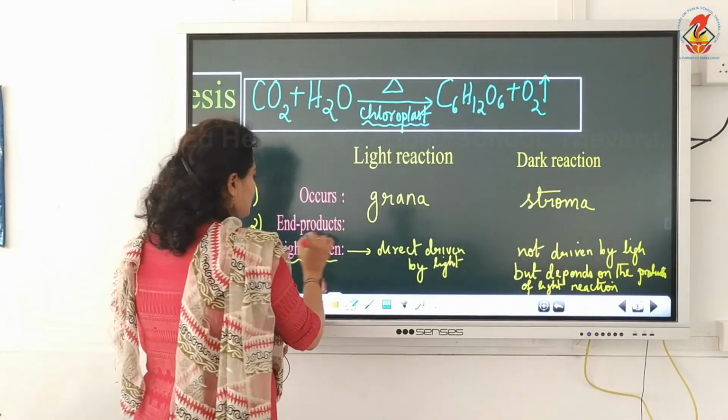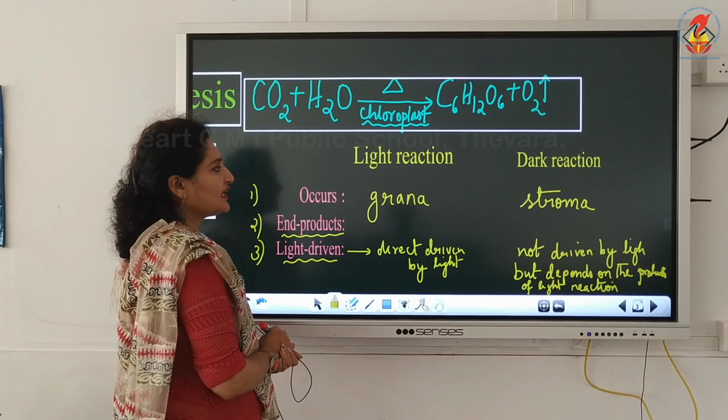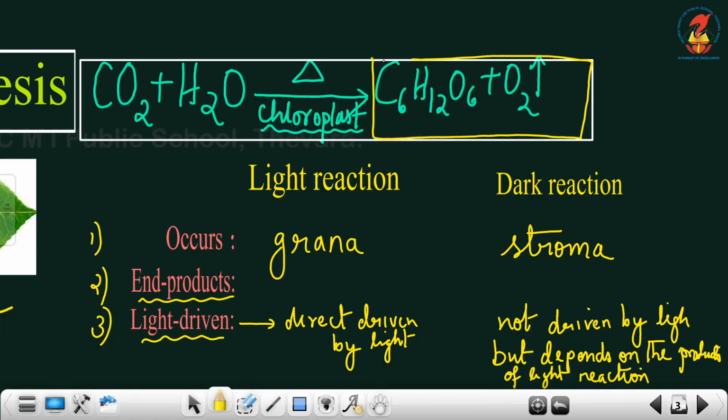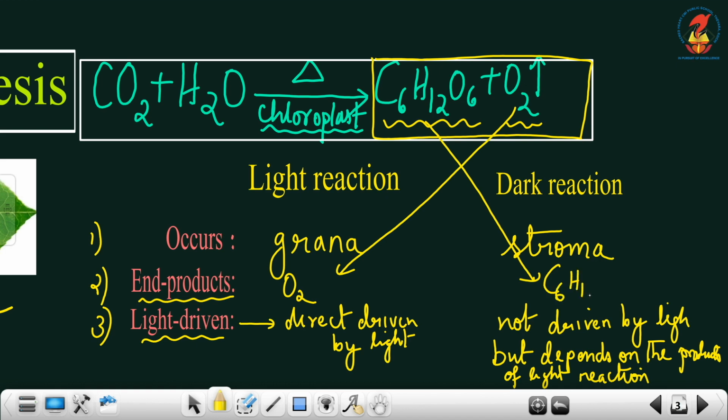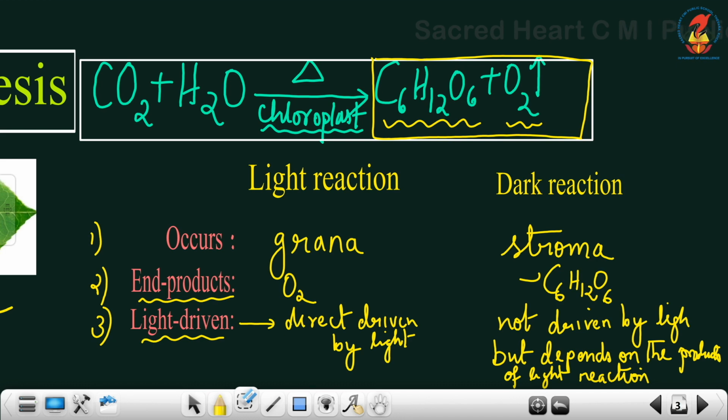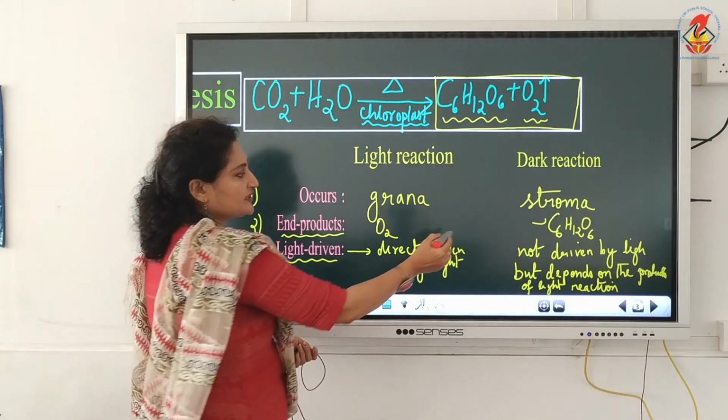And the third aspect we are going to see is the end products of light and dark reaction. Now, when you analyze this equation, you know the end product of photosynthesis definitely is, one is glucose and the other is oxygen. So remember, oxygen is the end product of light reaction, whereas glucose is the end product of dark reaction. So oxygen is emitted during the light reaction and glucose is produced during the dark reaction.